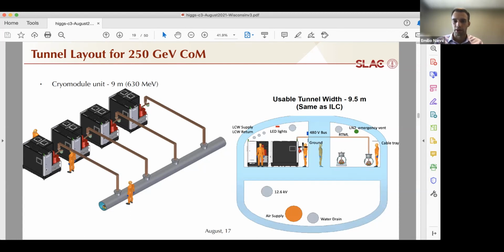And then on the other side, you have the RF source, the modulator and klystron combined, and an additional one being transported for installation. Then below the floor, you need a couple of other things. You need high voltage for power distribution, air supply for the workers, and then, of course, drain for groundwater leakage into the tunnel.